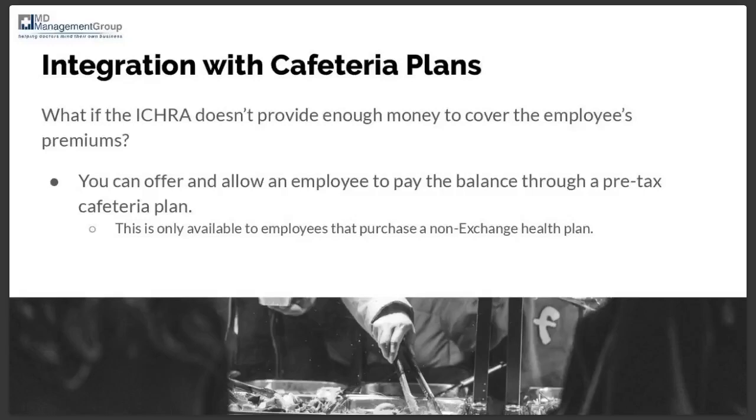Okay, you can buy the exchange health plan with the ICHRA plan dollars, but you cannot with the Section 125 plan. And the reason for that is what we're going to talk about next.